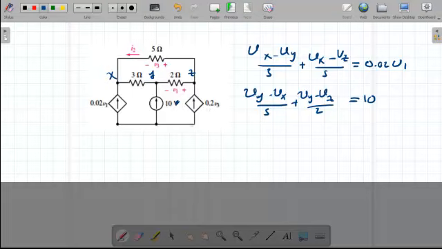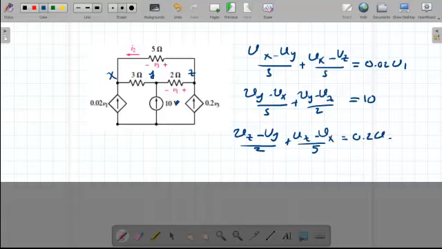The third equation, we say Vz minus Vy over 2, then Vz minus Vx over 5. This will equal the entering current, which in my case is 0.2 V3. Why do we use X, Y, and Z? Just to not be confused with the 1, 2, and 3.